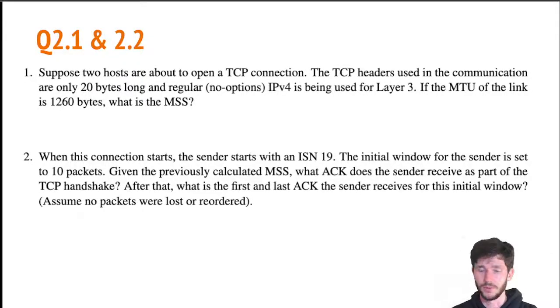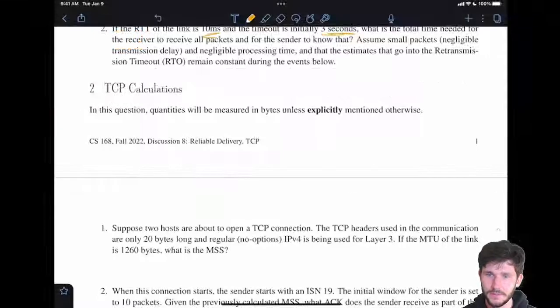Now for question 2 on our discussion. This question is called TCP calculations, and we're going to think about sizes and timer estimation. So for this first part, we ask, and let me switch to my iPad here so we can write.